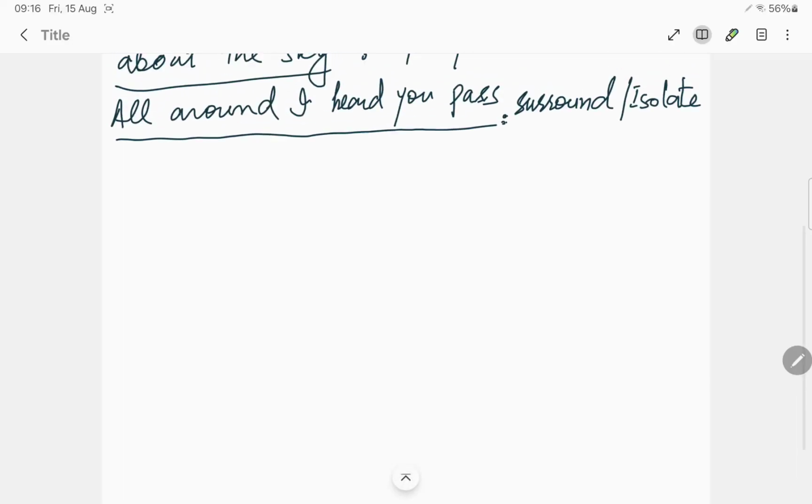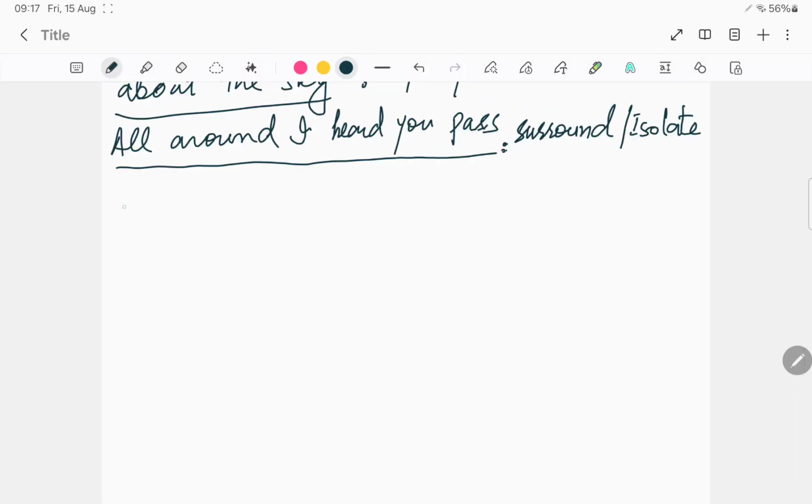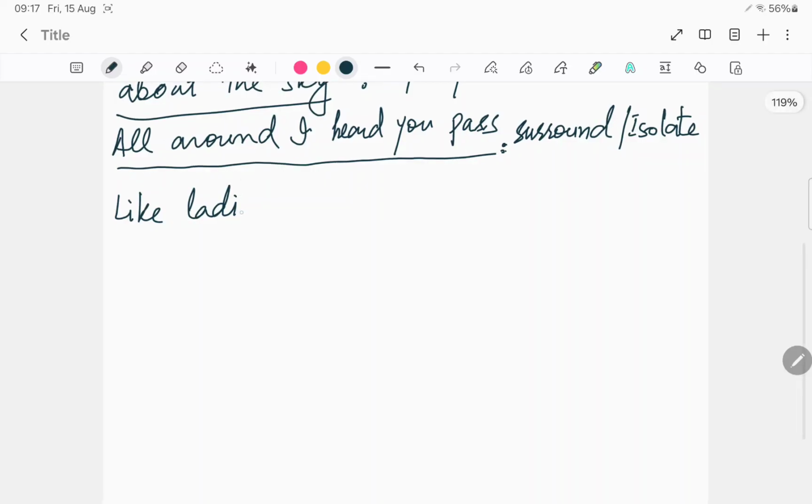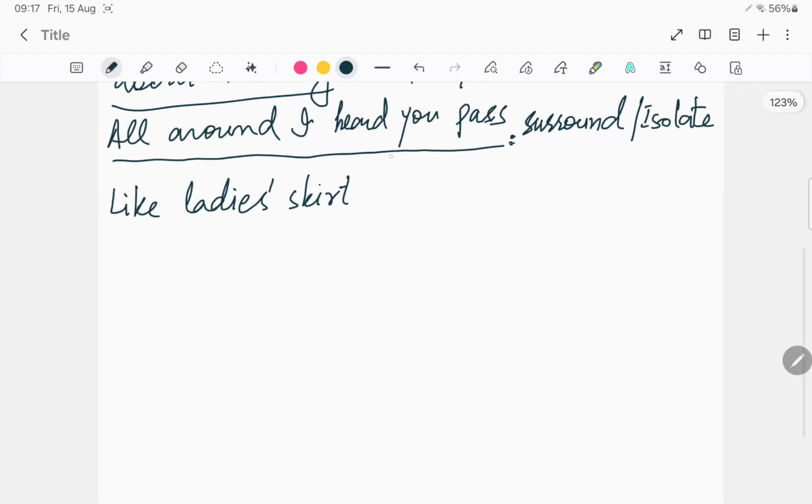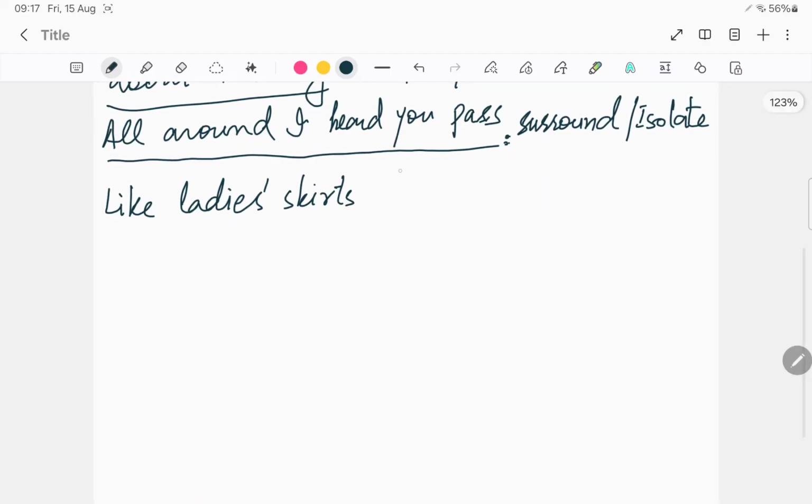Well, dear students, the next thing that we need to explain is like ladies' skirts, rather skirts across the grass.